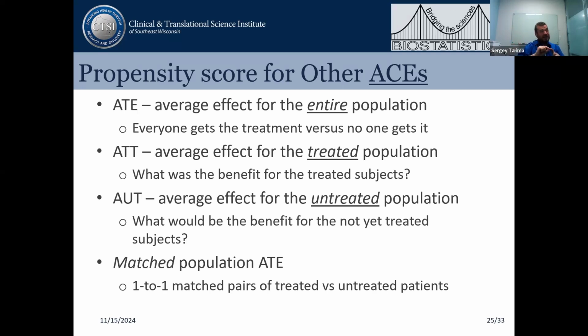But for each case, we select a single control with a similar propensity to receive a treatment. This is the so-called matching on propensity score approach. But in this case, the population in our matched sample would be different because it is not representative of the whole patient population. It's only representative of a small fraction, which are more likely to be treated.